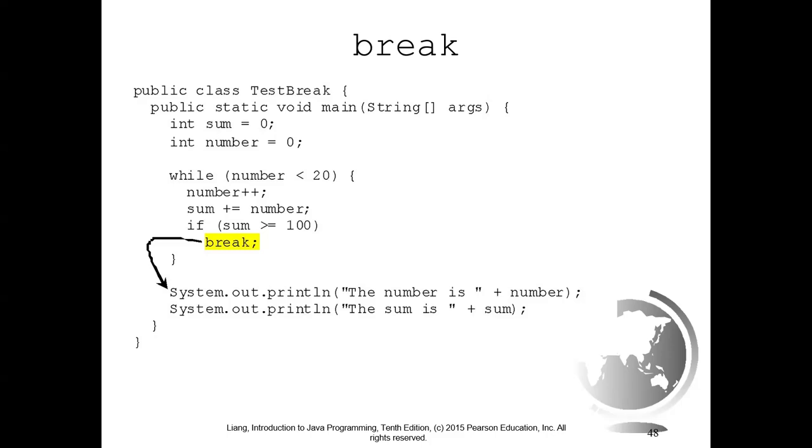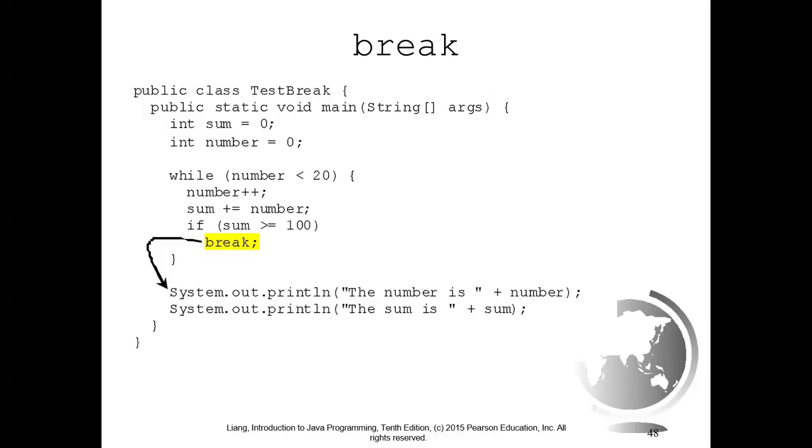But what if I sum the numbers 0 plus 1 plus 2 until 20, and before 20 the sum is already over 100, and I want to terminate the while loop in advance? So in this case, we use an if statement: if the sum is over 100, then we use the keyword break to break the while loop.